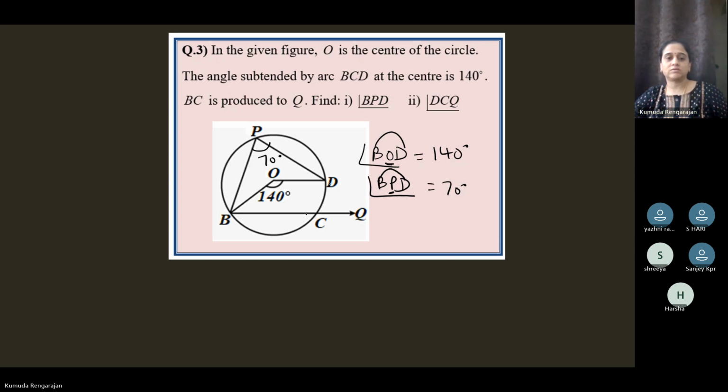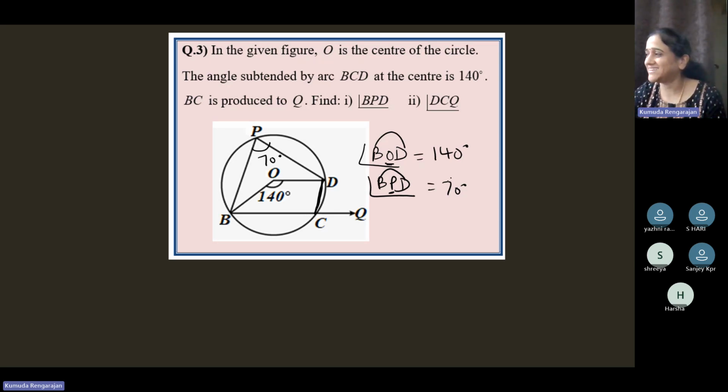Ma'am, DCQ is 140 degrees. How much is DCQ? 140 degrees. No, this is 110.